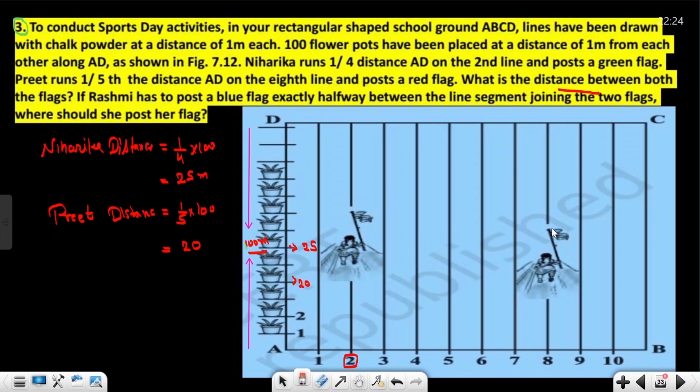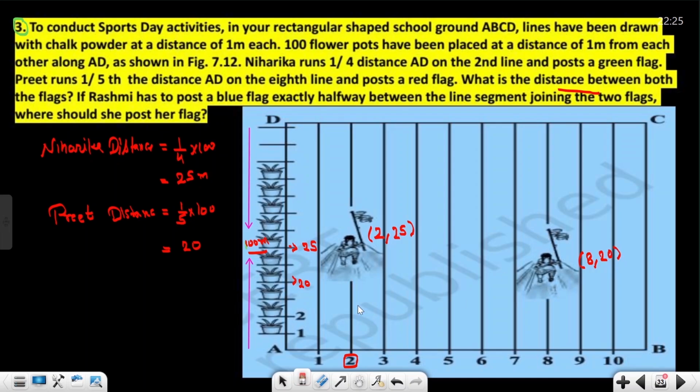One flag here and one flag here. How do we find the coordinates? First, Niharika's coordinate is: X coordinate is 2 and Y coordinate is 25. And Preet's coordinate is: X coordinate is 8 and Y coordinate is 20.